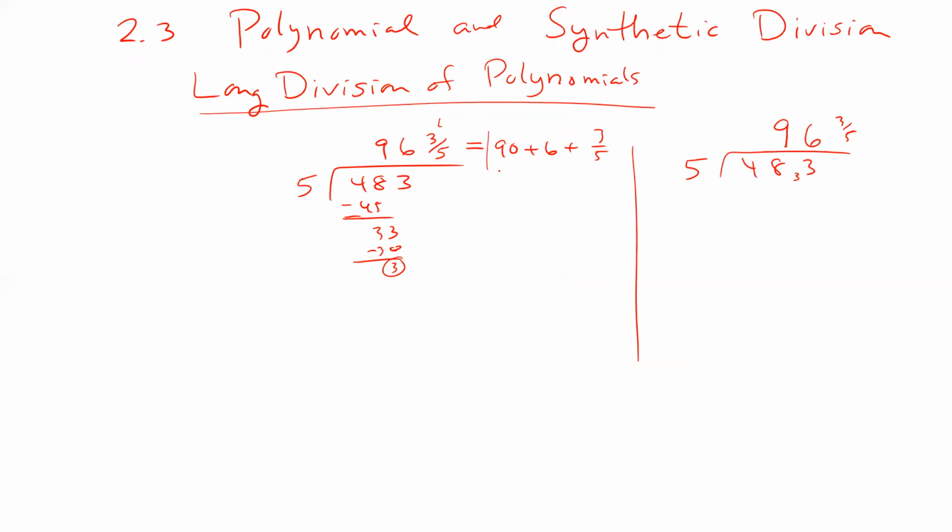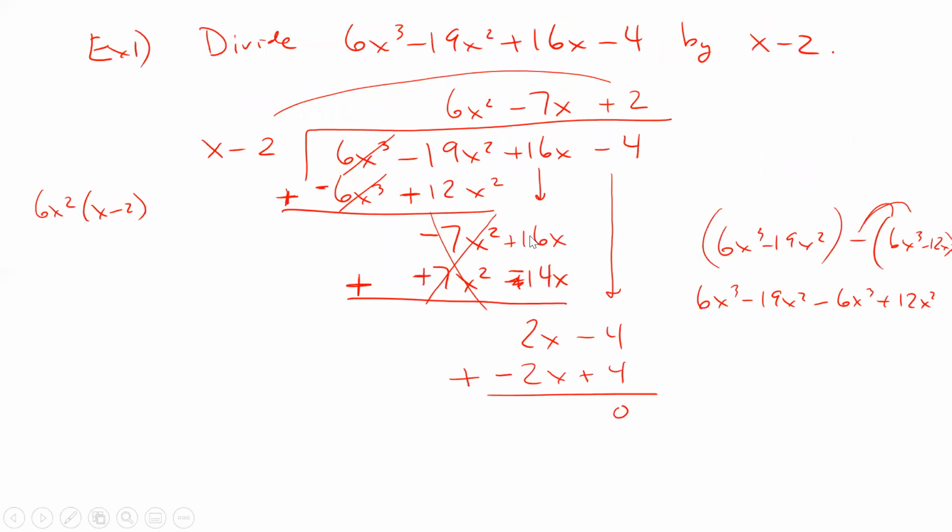There are 9 tens, there are 6 units, and there are 3 pieces of 5. We're good? And the other thing we should notice is, whenever you divide something, let's go back over here. 3 goes into 12 4 times, is that right? If you have a remainder of 0, that means 12 is equal to 3 times 4, is that right?